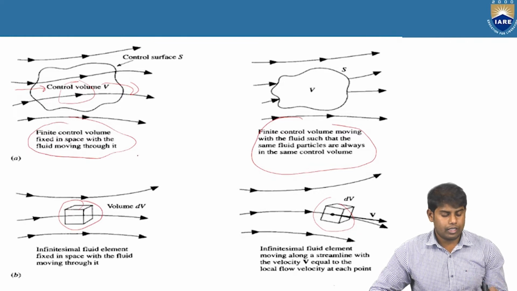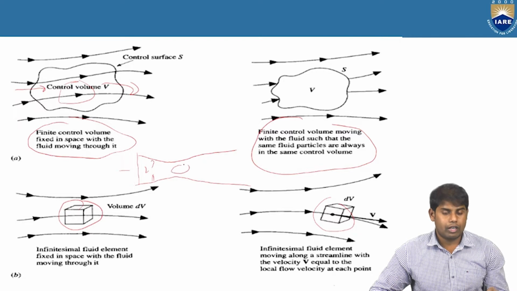If you take an example of an aircraft engine, the flow is coming and entering the engine. You have the compressors here, and here you have the combustion chamber. Here you will have the turbine, and here you have the nozzle. So what happens when the flow enters the engine is that the velocity will change, and we need to study how the changes are made inside the control volume.